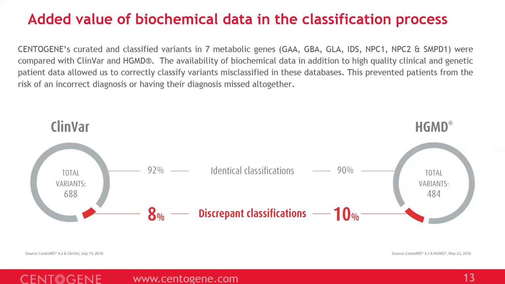We have analyzed, and here I have 7 selected genes for this analysis, where variants described and reported externally were compared against the internal database. We took in this comparison the 2 most used external databases, ClinVar and HGMD.